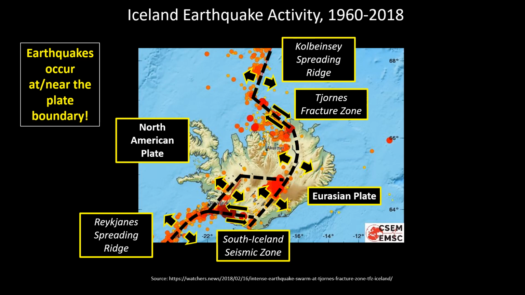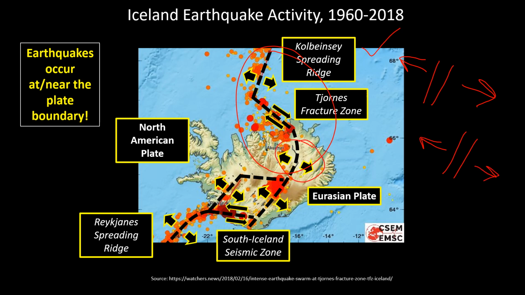And essentially what we're seeing up here in northern Iceland, I'll draw a simplistic diagram over to the right, is we have a divergent boundary that's known as the Kolbeinsey spreading ridge, and then to the southeast we have another divergent boundary.